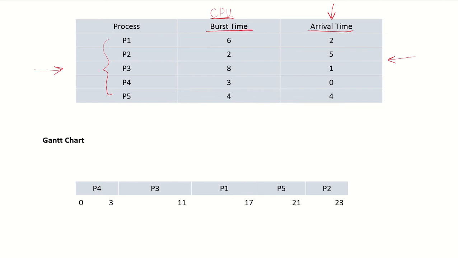Now since we are implementing first come first serve, whichever process arrived first in the ready queue will be allocated the CPU first.